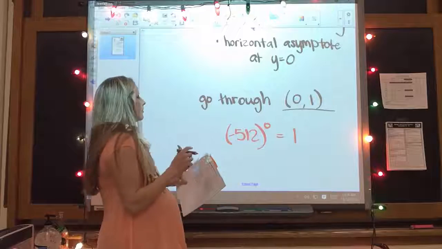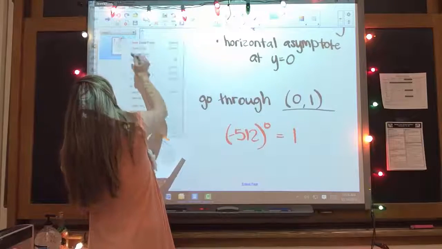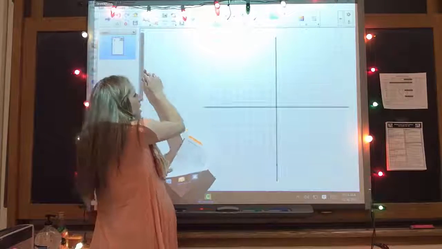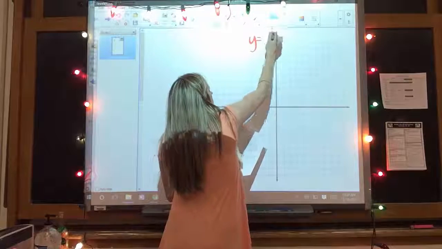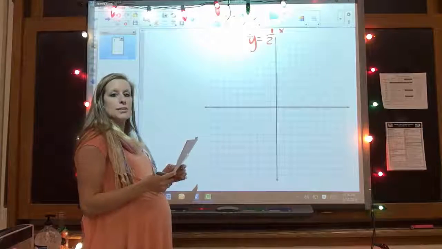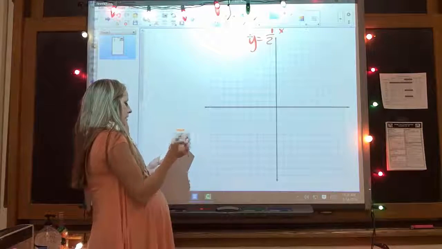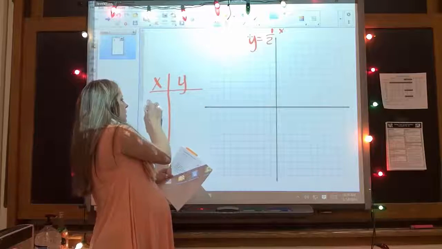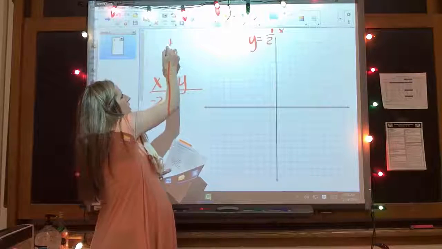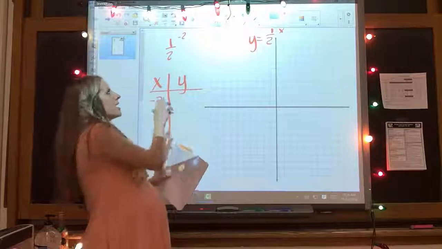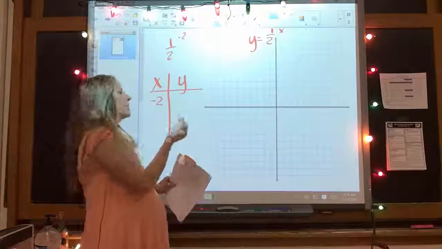The next graph, at the top, it says y equals 1/2 to the x power. Okay, so our base is 1/2 this time. So let's fill in our table. When x is -2, if I take 1/2 to the -2 power, that negative is going to flip it.